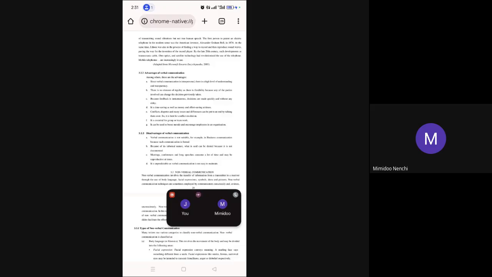It is cost effective. Are we together? It is time saving as well as money and effort savings. So here you are at home, relaxed, and you are receiving lecture. Now compare it to when you go for a physical meeting. So the difference is clear.